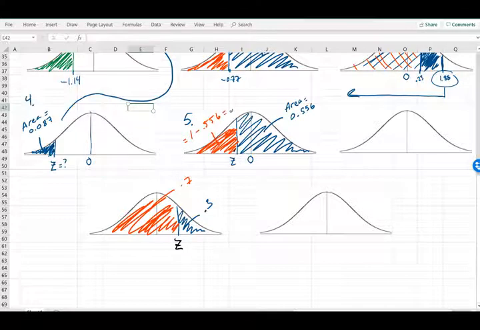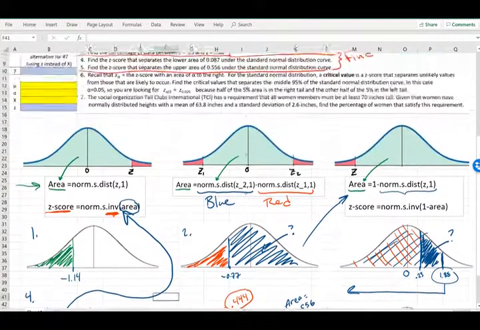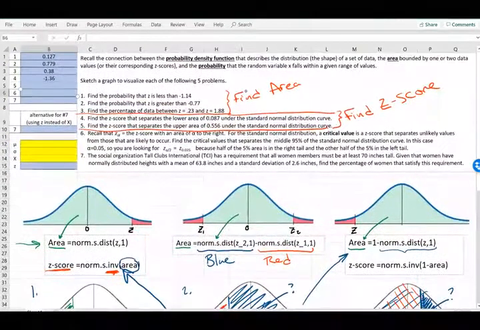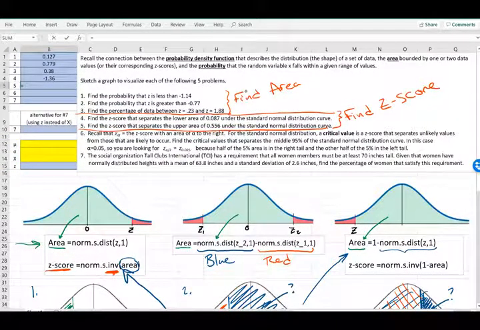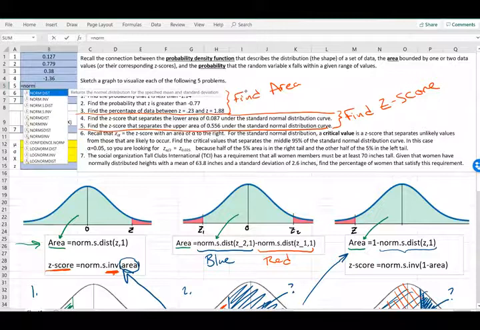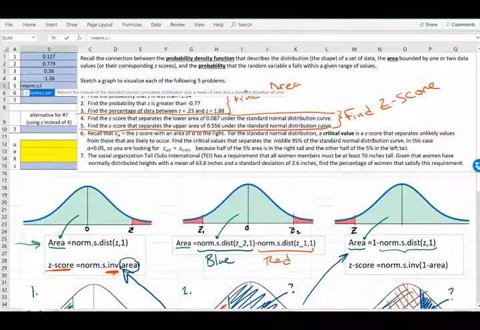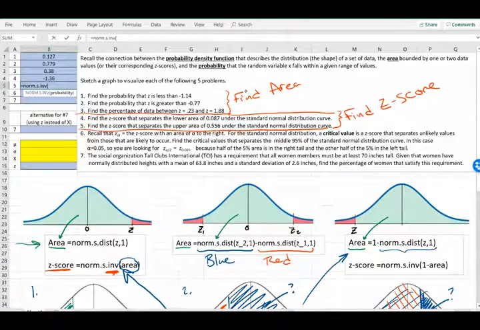So that's what Excel needs. Excel needs area to the left. All right, so let's come back up here. And this is equal to norm.s.inv, and the probability, or the area we're going to use, is 0.444, and we should again expect a negative z-score. Yeah, looks good.